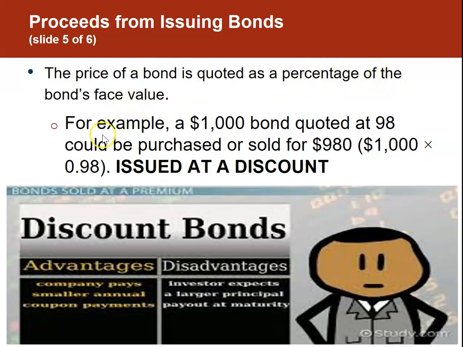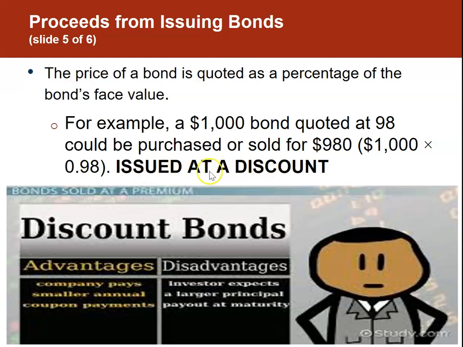So it gives us an example here. It says, for example, if we have a $1,000 bond that is quoted for sale at 98, that bond could be purchased or sold for $980. How did we get that? We took the 1,000, we converted this 98 to a decimal, and we multiplied the two.